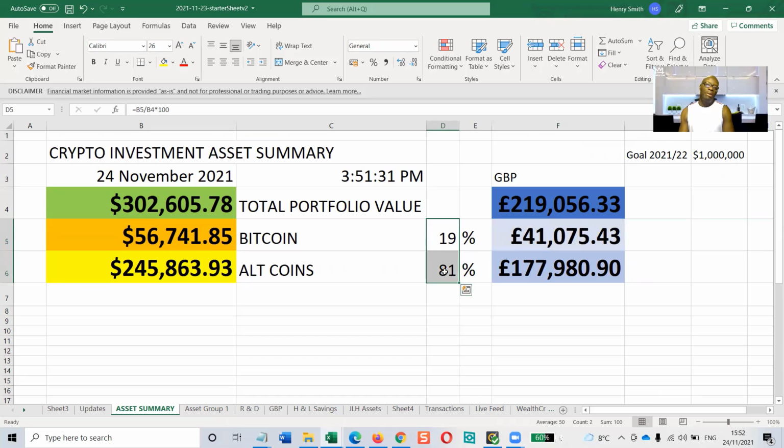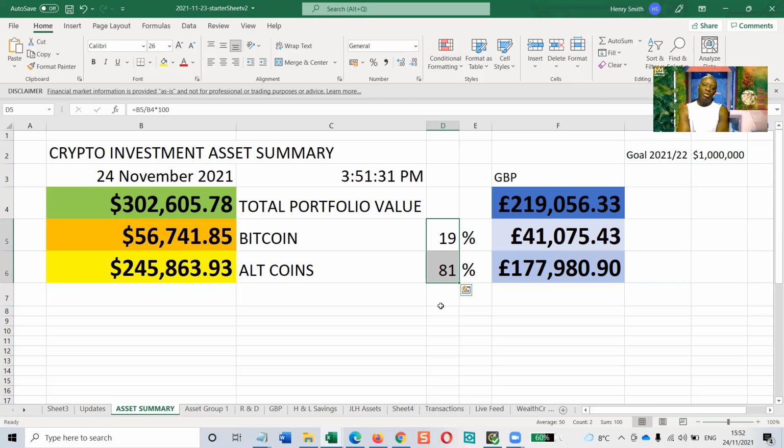The interesting thing about this is that it's dynamic. When I first put the money in, it was 25% Bitcoin, 75% altcoins. It's now changed because of the growth of the altcoins.